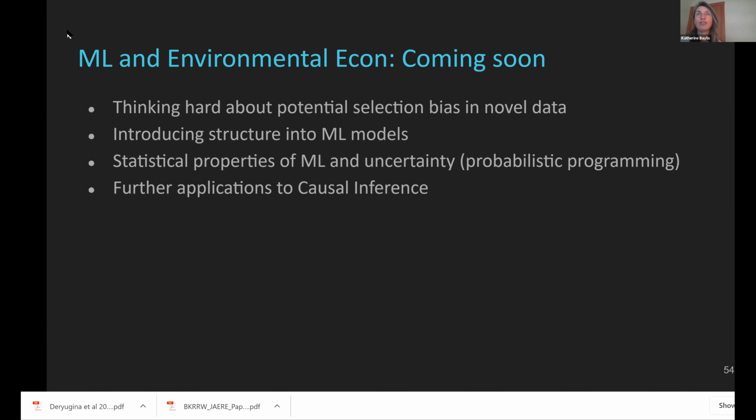Part of the trick is that the training data tend to come from urban areas, specific settings. The concern is that we may be able to predict PM 2.5 really well in certain settings but not in others, particularly in rural settings, which is the space I work in mostly. So I think there's a lot of potential there, but whether there are non-classical measurement errors coming out of those is an important question.